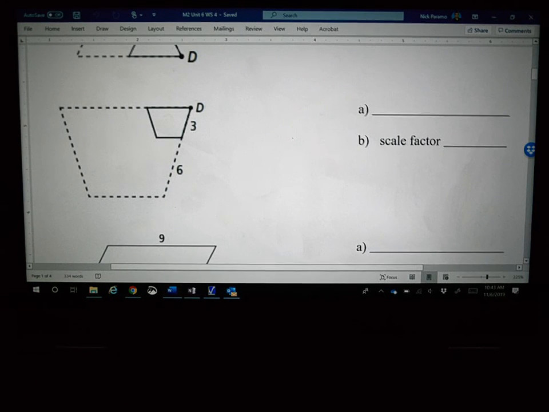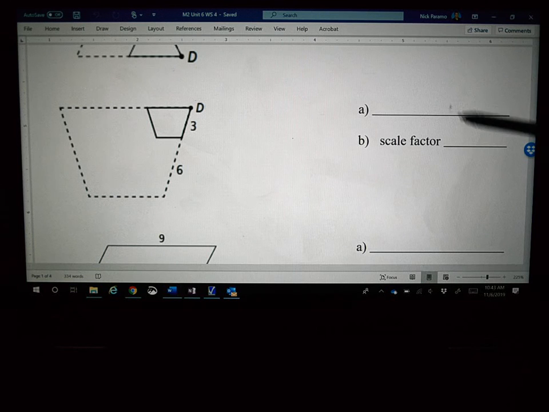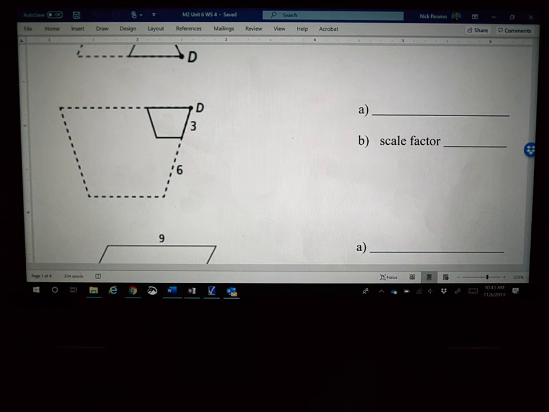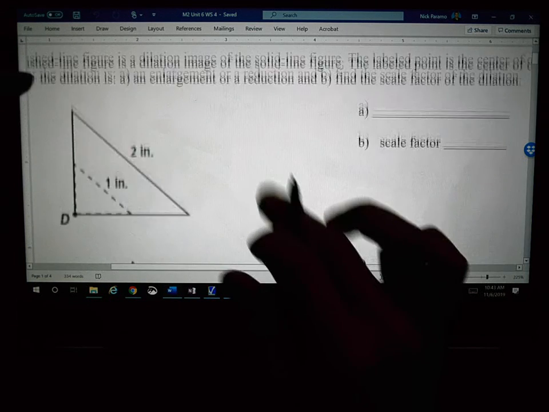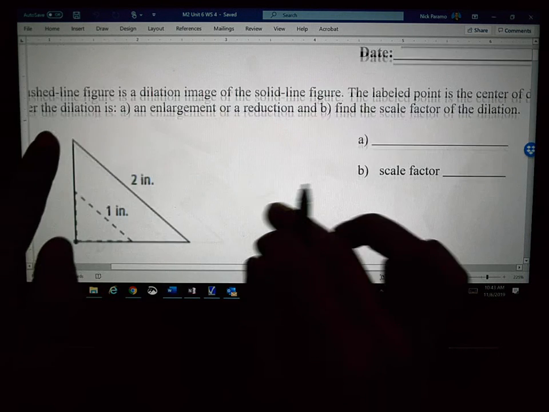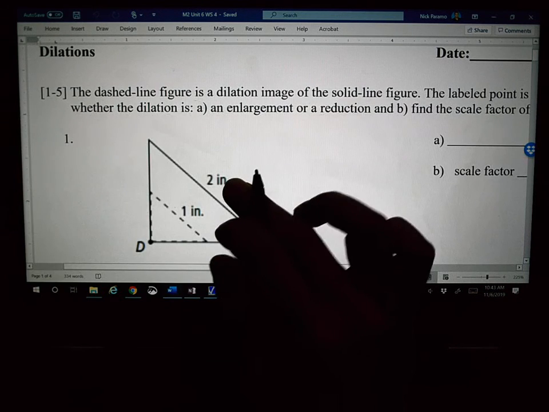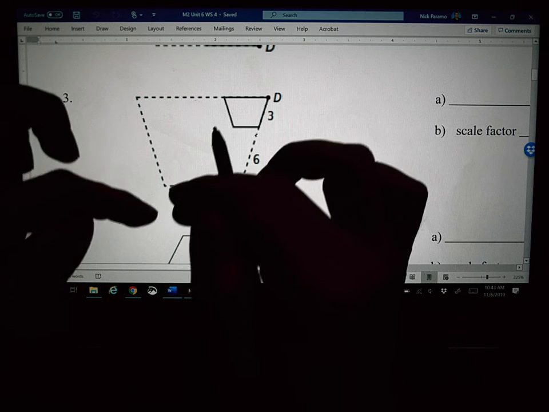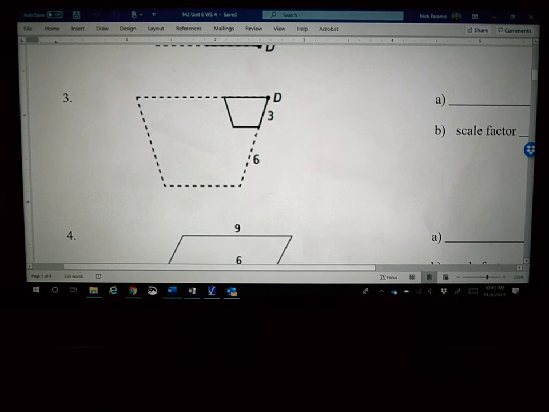What we need to do is figure out, is it an enlargement or a reduction? And the hardest part, like I said, is which one is the original and which one is the after. If you forget, the dilation image, the dashed line figure, is the after. The before is the solid.